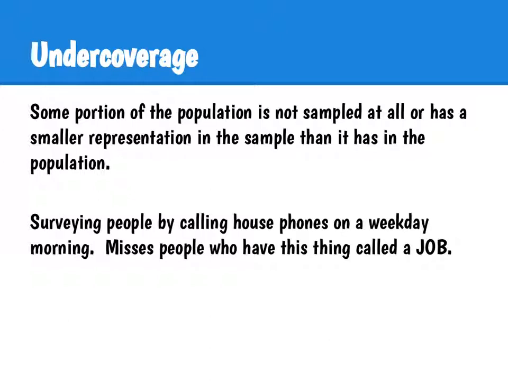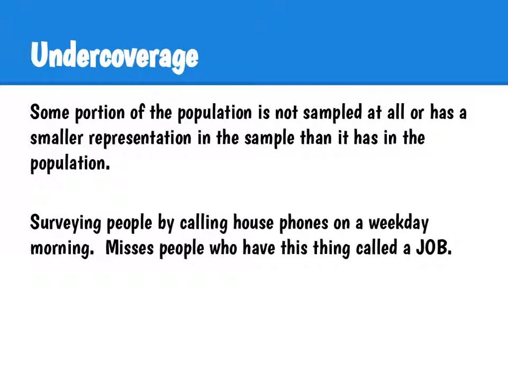Undercoverage isn't really a sampling technique, but it is a type of bias. When a portion of the population is not sampled, if they're missed, or even if they're just not represented fully, that's called undercoverage. So, if I randomly pick 100 students and they all end up being male, then that is undercoverage because I'm missing the female response.